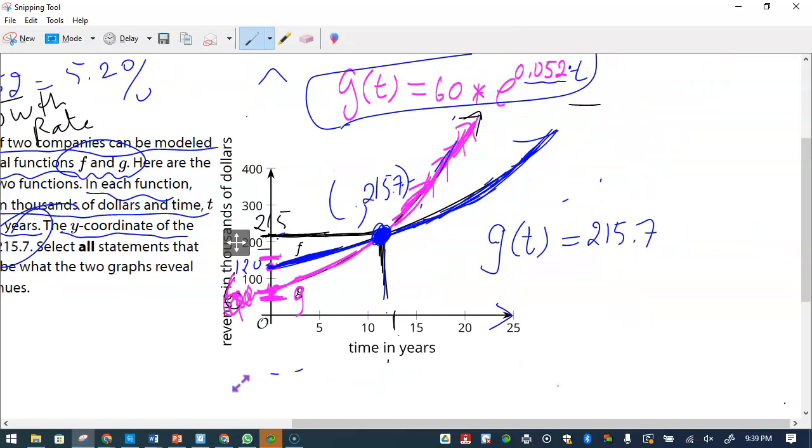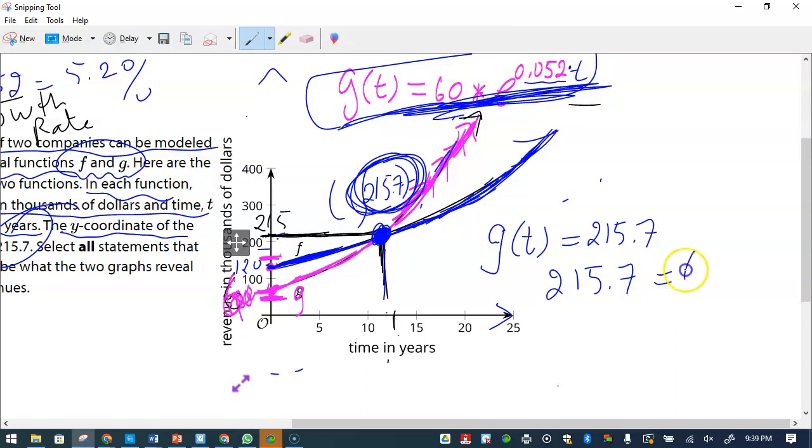That means you put this GT, because that's where both are the same, GT equals FT, but they gave us this, right? So you put 215.7 equals this whole thing up here, 60 times e raised to 0.052t, see? And then after that, you just divide by 60 here.